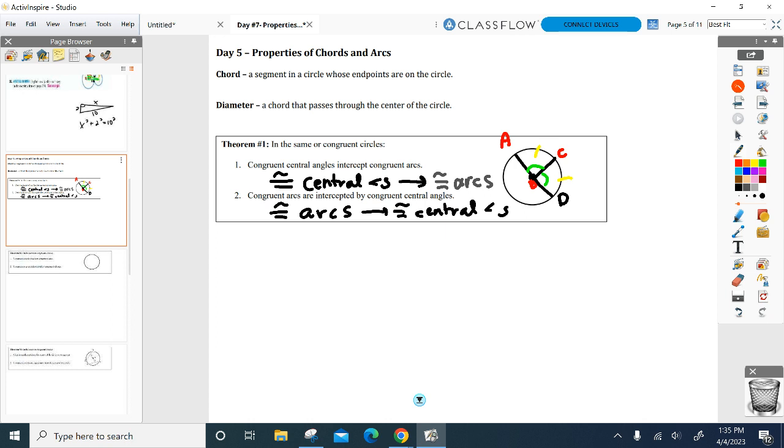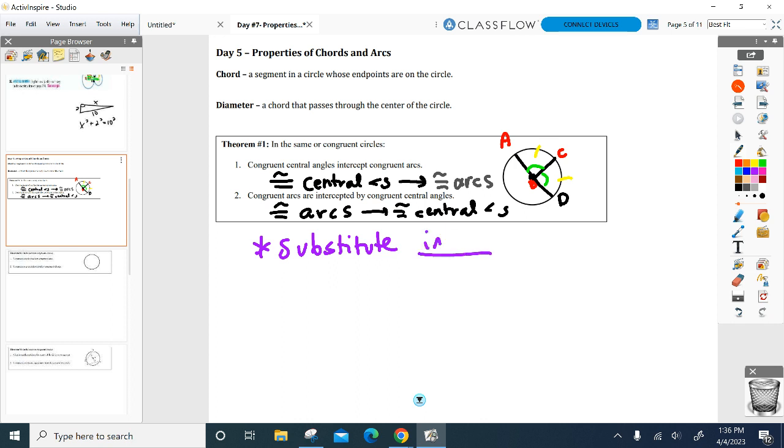I'm not going to do a new box for this one here, but just realize that you could substitute a word in for the word central. What other type of angle have we talked about inside the circle? Minor angles. Minor. Arc. Headlock. Which word can I substitute in for central? Inscribed. Okay, I don't need to do a whole new presentation on this, all right? But anywhere you see the word central, I could substitute inscribed.